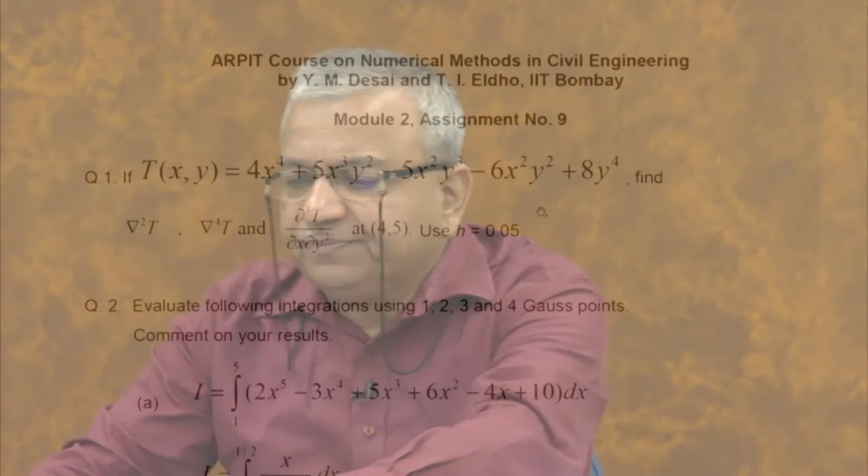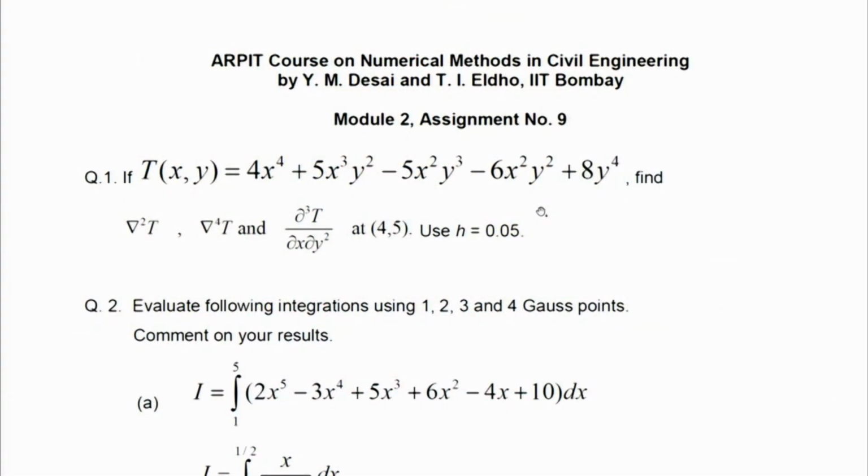In order to have some practice, let us talk about the assignment. The first question deals with numerical differentiation in two dimensional space. So, given a continuously varying function t in x y, find out del square t, del 4 t and del cube t by del x del y square at point 4 phi.